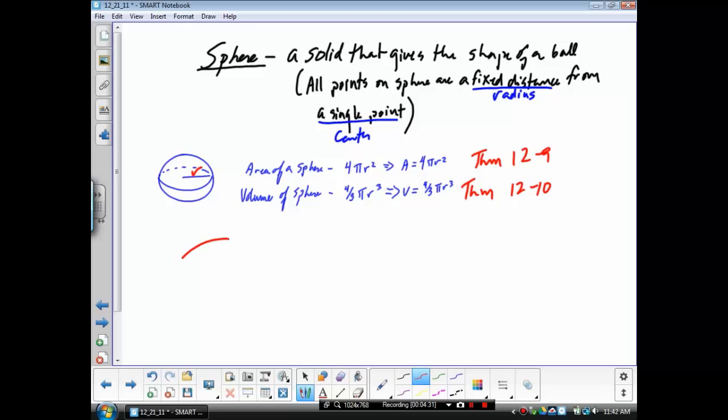If you have a sphere and you pass a plane through that sphere, now on the Earth we have planes passing through this sphere of the Earth. They form our latitude lines. Okay? So we could have a latitude line right here that actually is a flat surface that passes through the Earth. Now that latitude line has a radius.